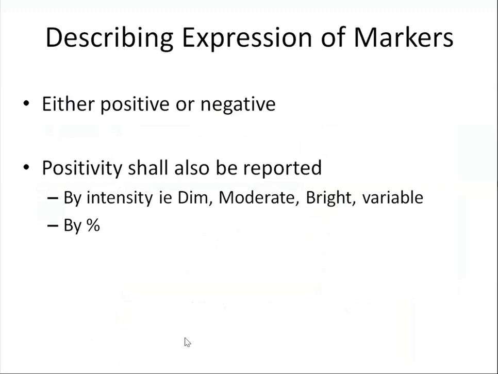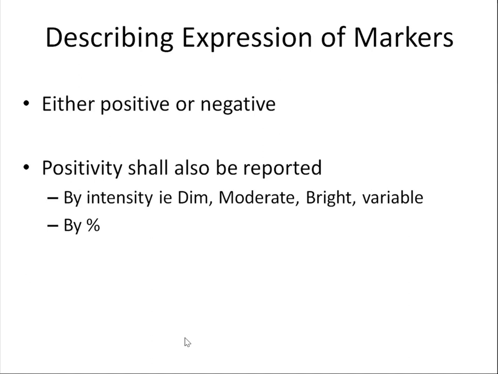Coming to the other part, how do you describe the markers, especially when you are doing leukemia, lymphoma, or any qualitative analysis? Now you can express your markers easily as positive or negative.